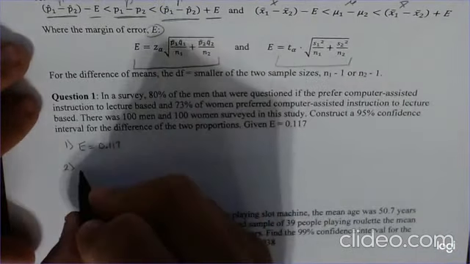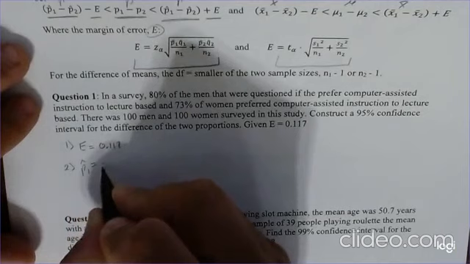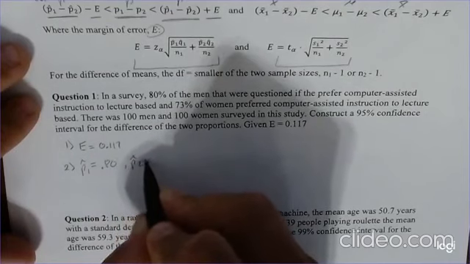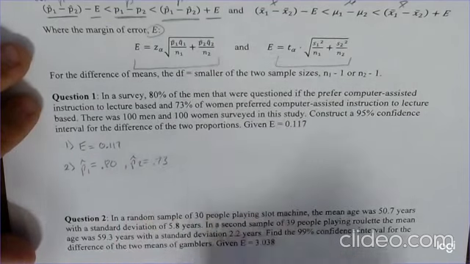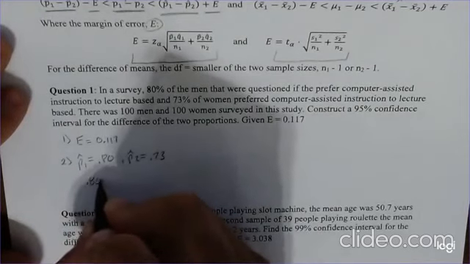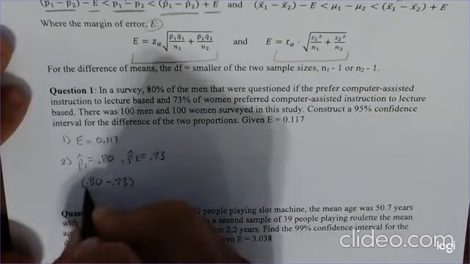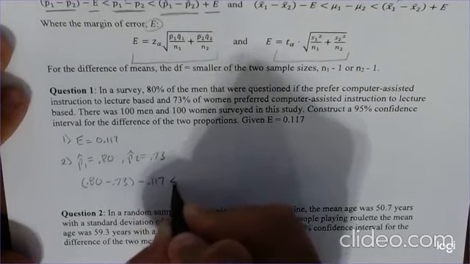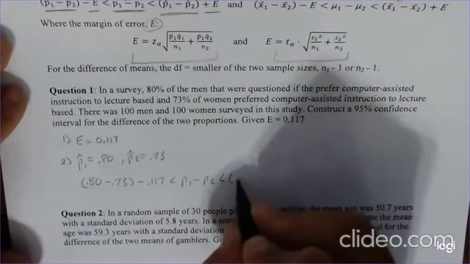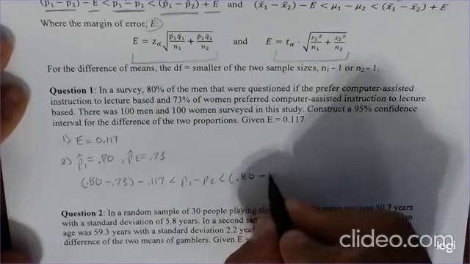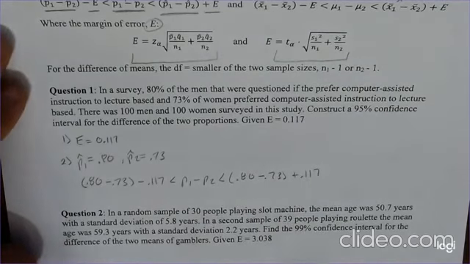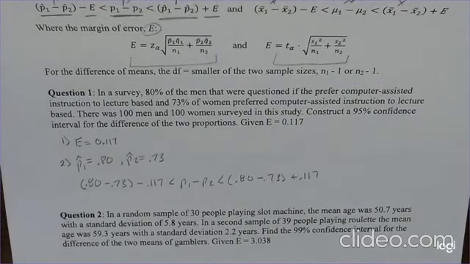In this case, P1 is 0.8 because that's corresponding to the men, and P2 is corresponding to the women, so 0.73. So it's going to be 0.8 minus 0.73 minus our margin of error, where it's P1 minus P2, and the same thing on this side. Now we just simplify accordingly, just plug this in a calculator.